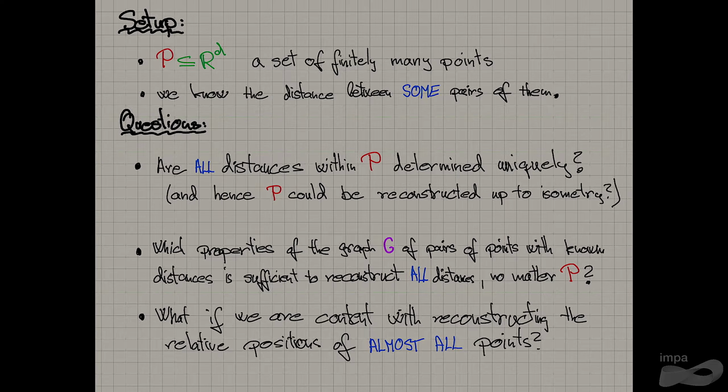Finally, if this is too much to ask, then I might also be happy if I would be able to reconstruct the distances within an almost all subset of the points. Okay, so these are the basic questions I will be interested in.